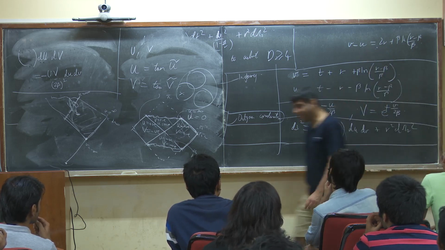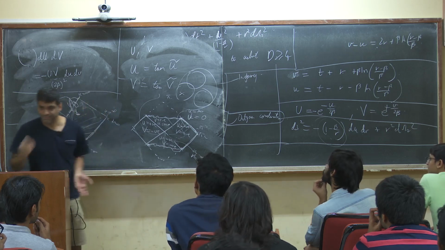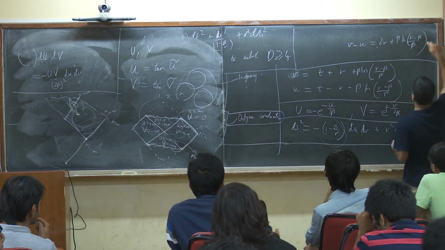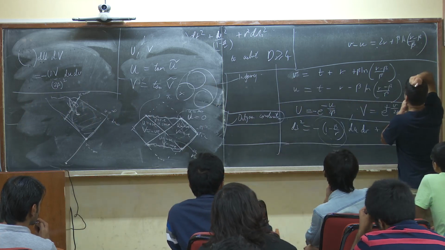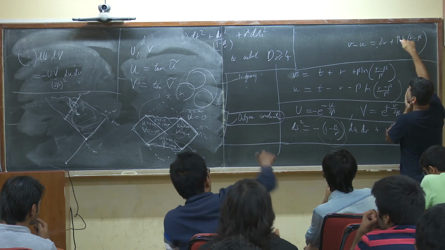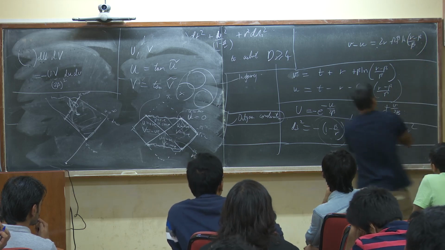Okay? And then you can ask, does this have solutions everywhere? Now let's see. It's 2R plus 2 beta log.